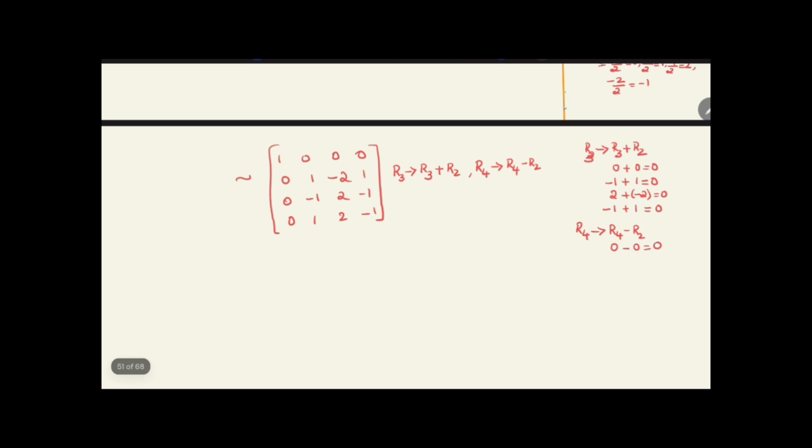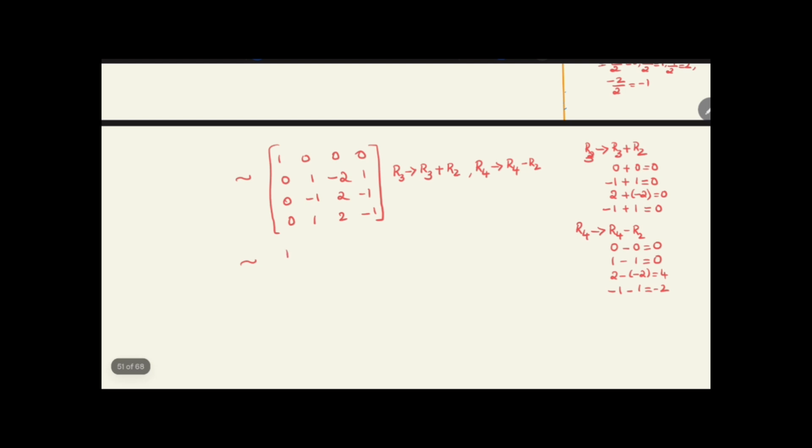And second element of R4 is 1 minus 1, which is 0. Next, 2 minus of minus 2, 4. And what is the last element of R4? It is minus 1 minus fourth element of R2, which is 1. So minus 2. Now let us replace this, students.